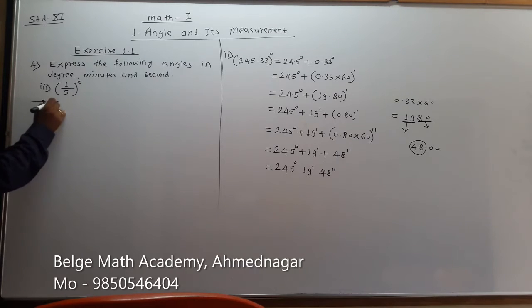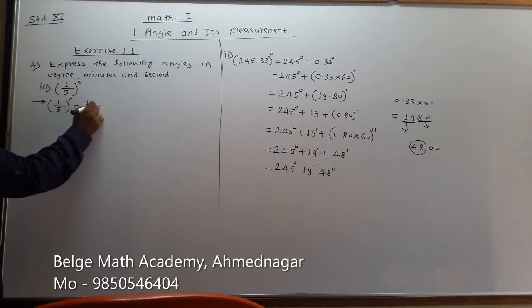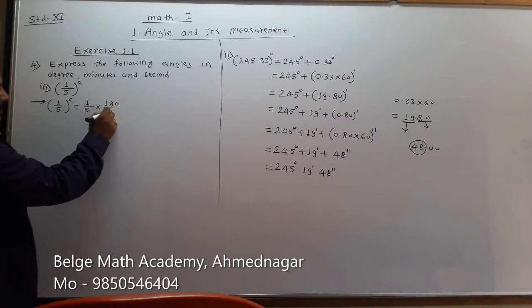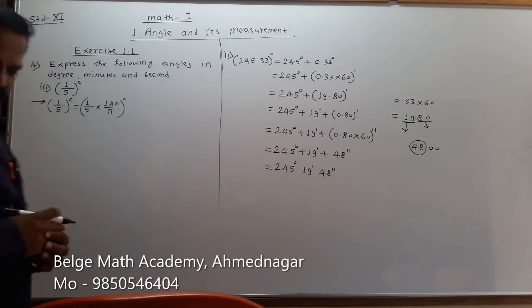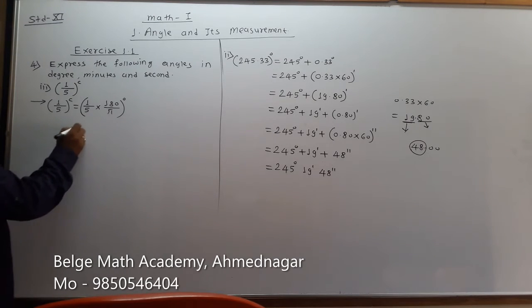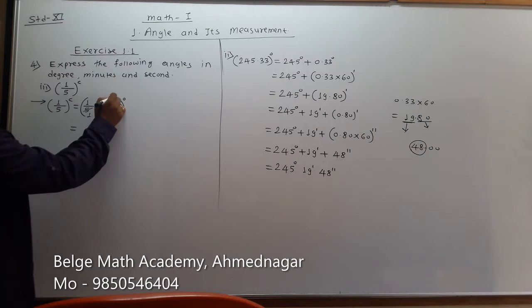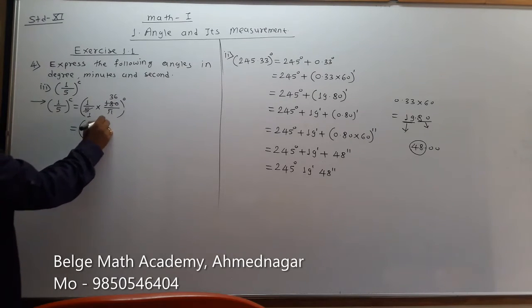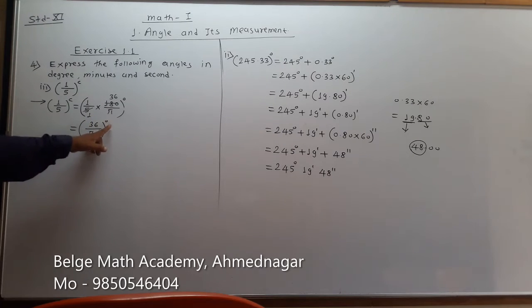Now see this: 1 upon 5 radian is converted into degree, so we multiply by 180 upon pi. 5 divided into 180 gives 36. So the remaining number is 36 upon pi degree.